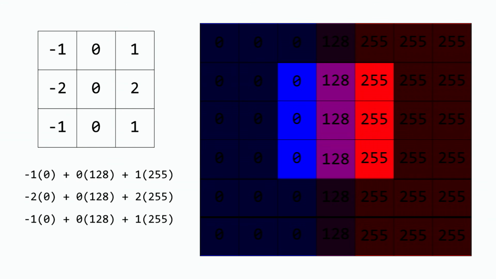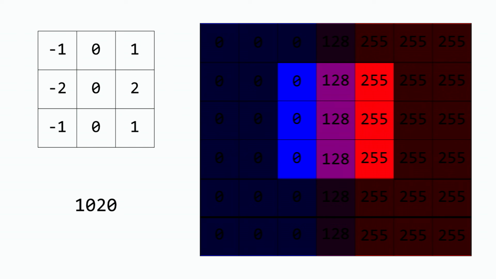So, how do we do the math here? Well, again, we'll do -1 times the value of the pixel in the upper left, 0, plus 0 times the value of the pixel on top, 128, plus 1 times the value of the pixel in the upper right, 255, and then repeating this process for each of the other pixels, -2 times 0, plus 0 times 128, the pixel in the middle, plus 2 times 255 for the pixel on the right, and then repeating the same process for the bottom row.